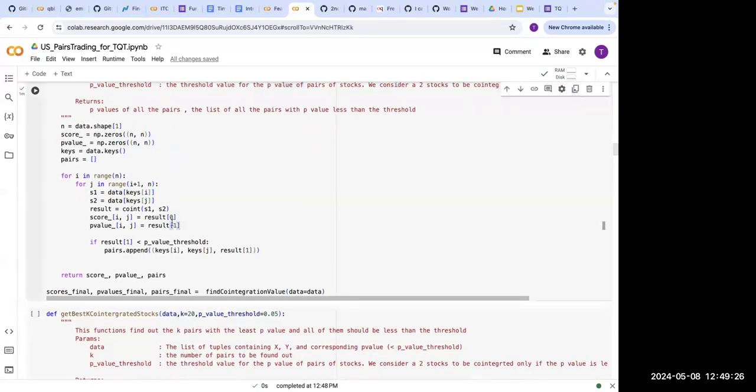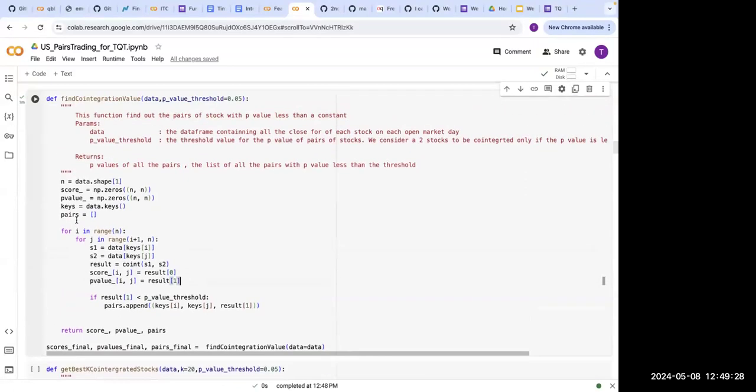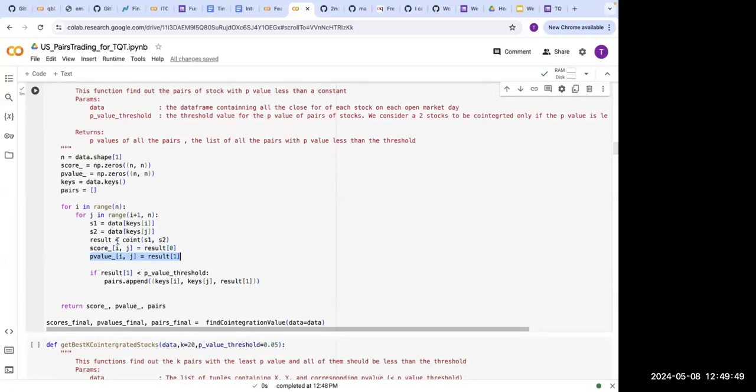Okay, so the idea here is that for each and every pair, you'll have two for loops. You're taking the stock price data and calculating the co-integration value. This can directly be done by calling this coint function, which calculates the score and the p-value, and we return that as well as the pair which was considered here.